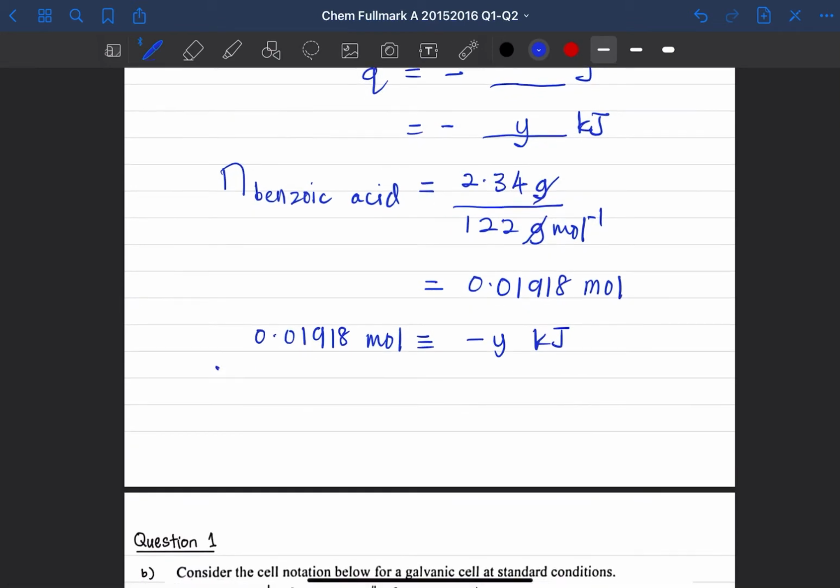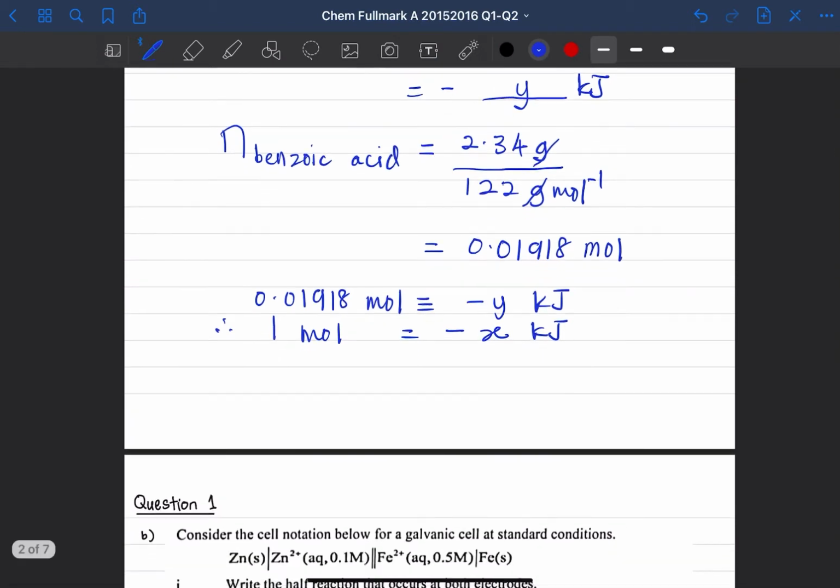So for 1 mole benzoic acid, you calculate on your own, and you will get, let's say, negative X kJ. And the question asks you to give your answer in enthalpy of combustion. So enthalpy of combustion is negative X kJ per mole.